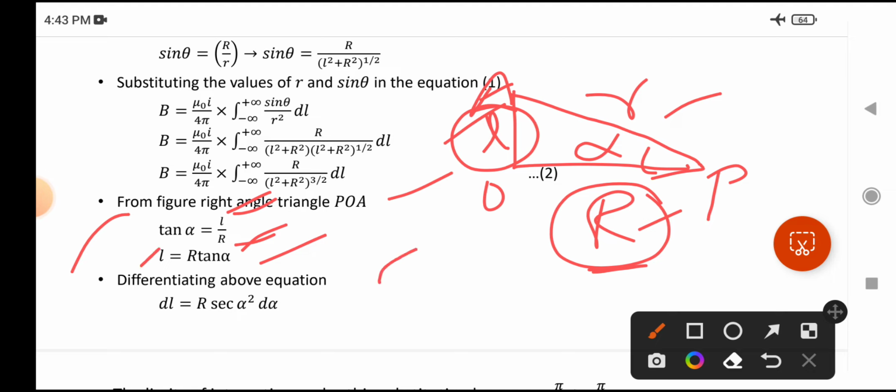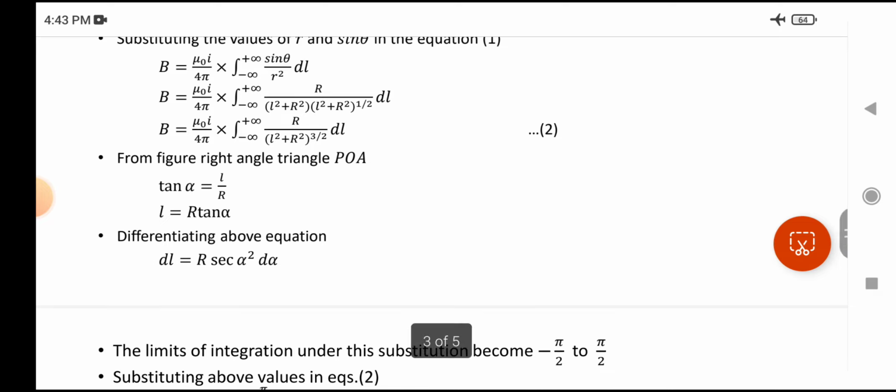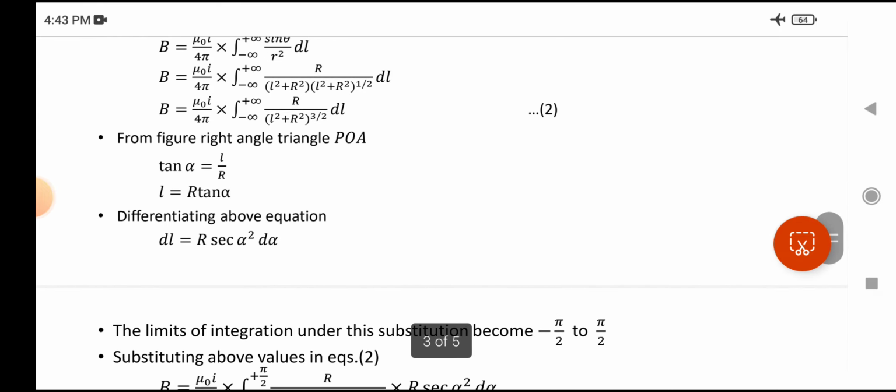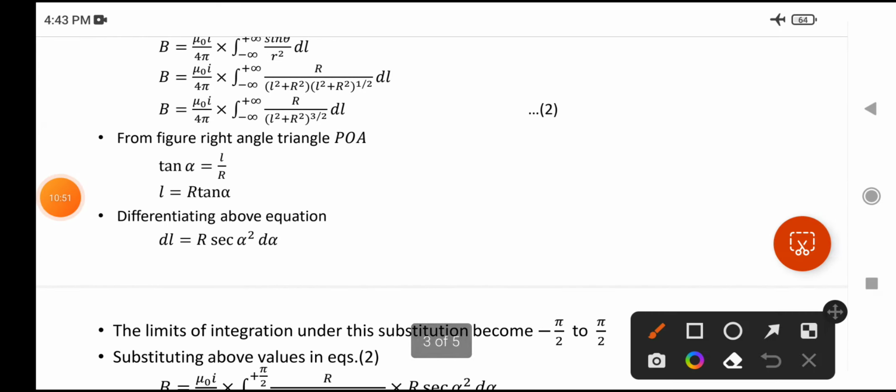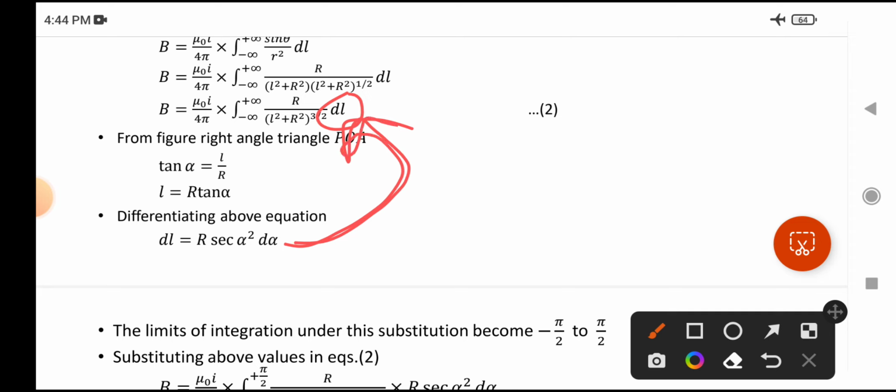And differentiate this equation. L becomes dl, R is constant. The derivative of tan alpha is secant square alpha d alpha. Okay. See here in the diagram there is a dl. We didn't find the dl value. Now we can substitute here. Before substituting, limits also we have to change.